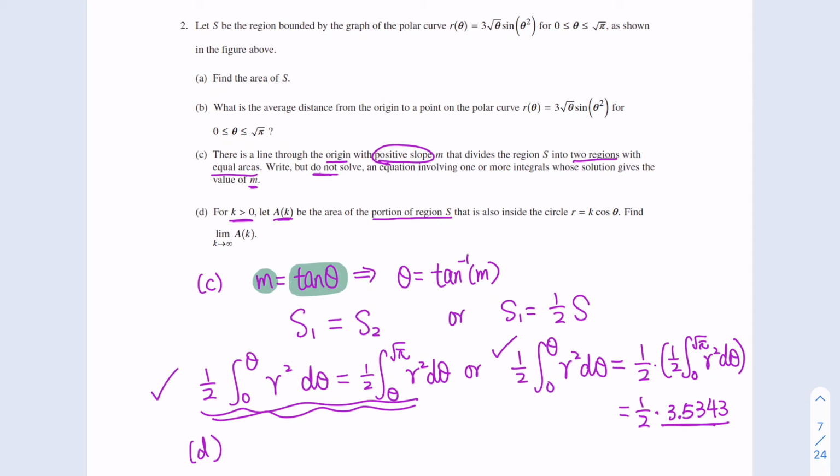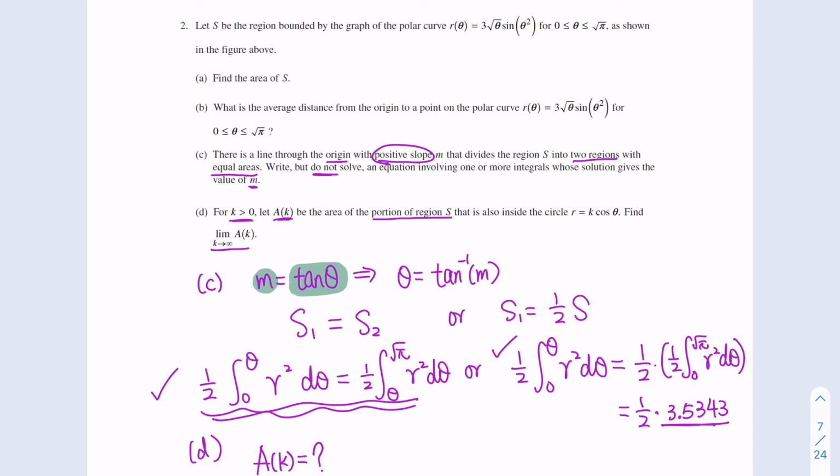After reading the problem, it's a little bit confusing because we have so many variables here: k, theta, and limits. In order to find the limit, first we have to see what A(k) looks like. If we can find the function A(k), then we can find the limit very easily. A lot of students get nervous when they read the problem and have no idea what's going on. It might happen to anybody.